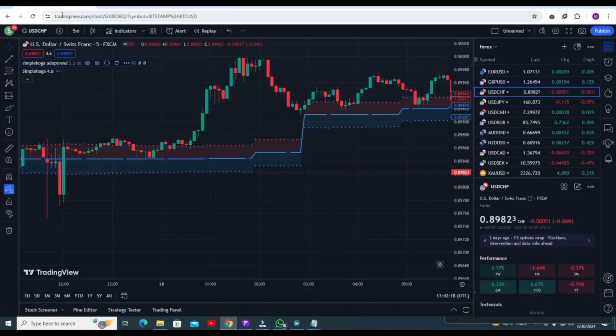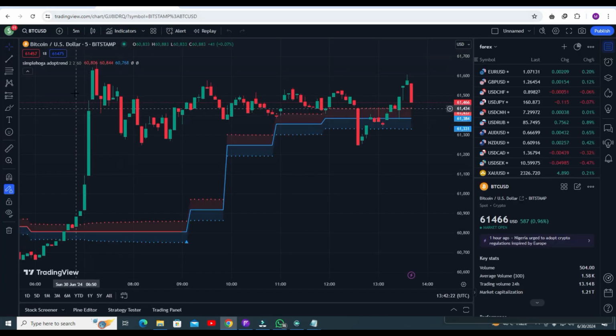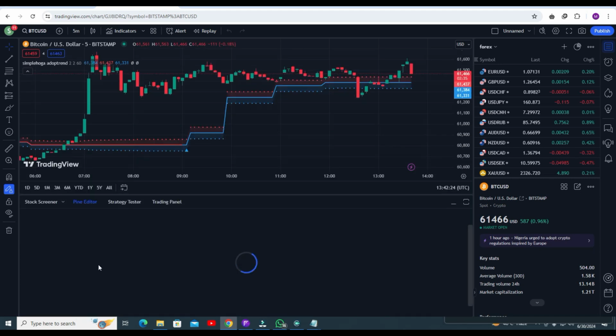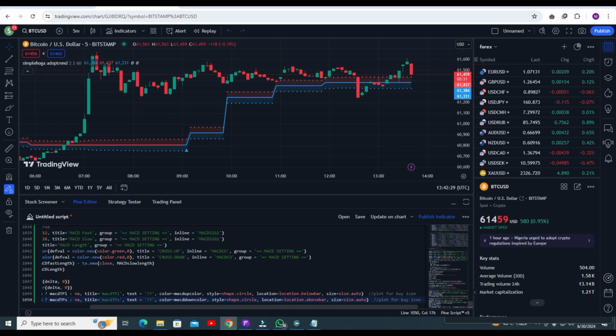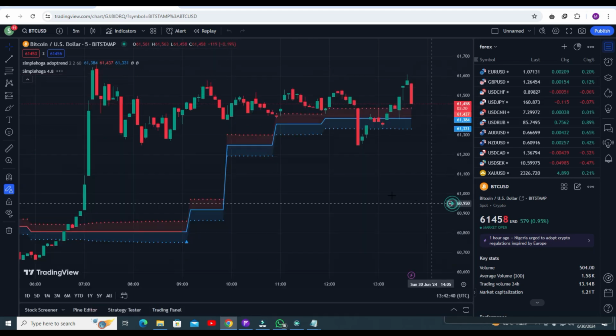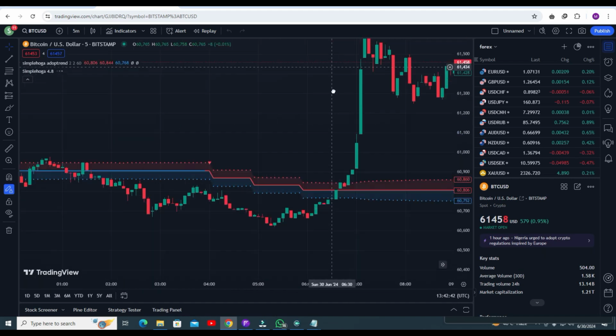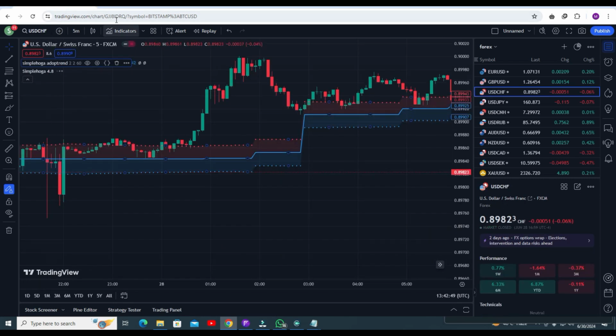I need to refresh it. I need to add the second indicator here again, Control A, Control V, and click on add to chart. It's still compiling here. Hopefully it will be done soon. It's still compiling just because of the low internet connection.